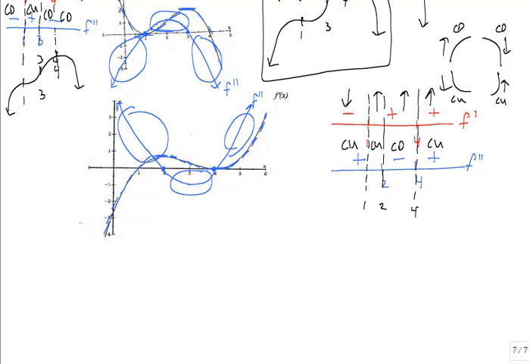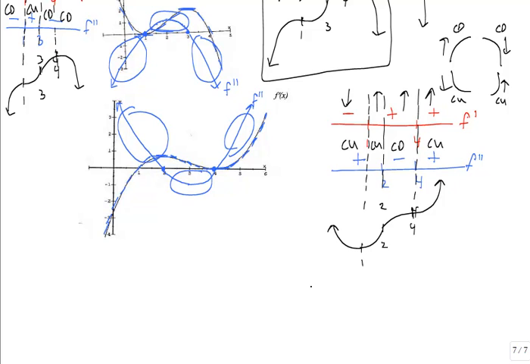So concave up decreasing is this shape right here. So I want to do that until I hit 1. Then I'm concave up increasing, so this shape until I hit 2. And then after 2, concave down increasing, which is this shape, until I hit 4. And then concave up increasing, which is this shape, and I go like that until the end.